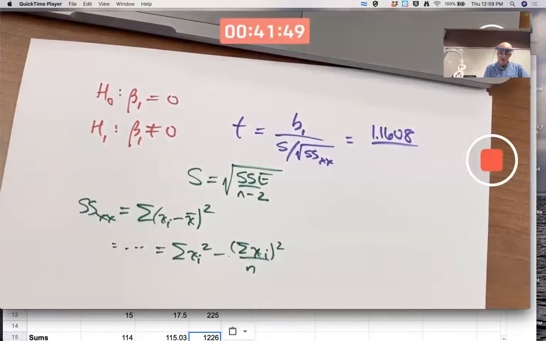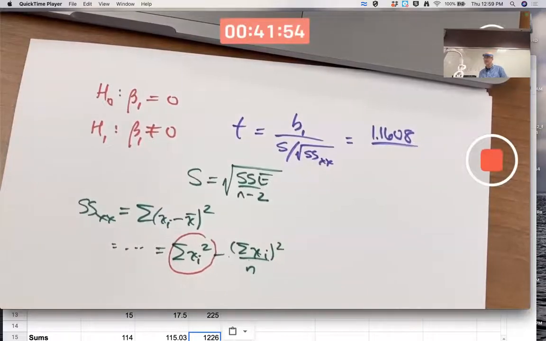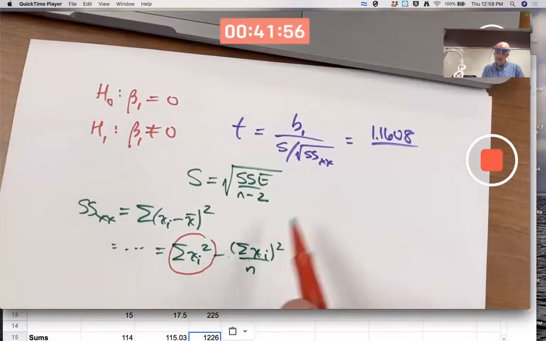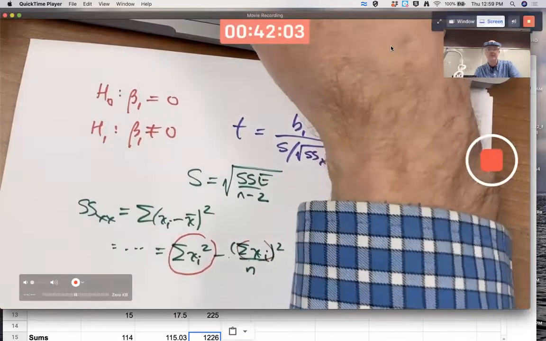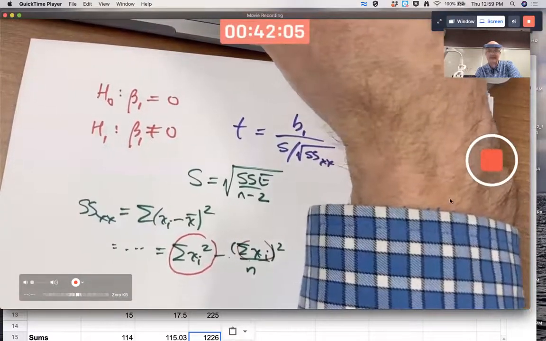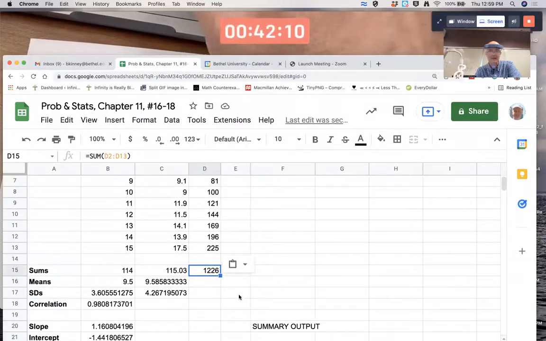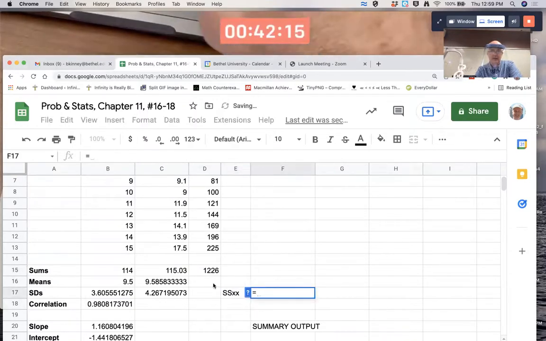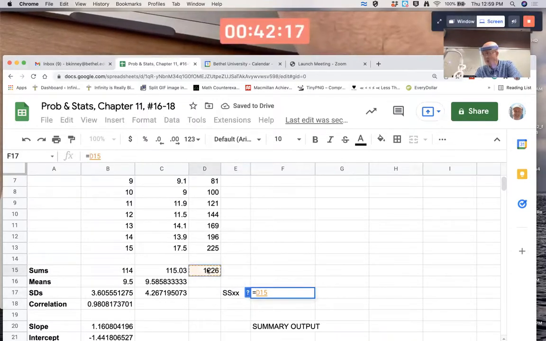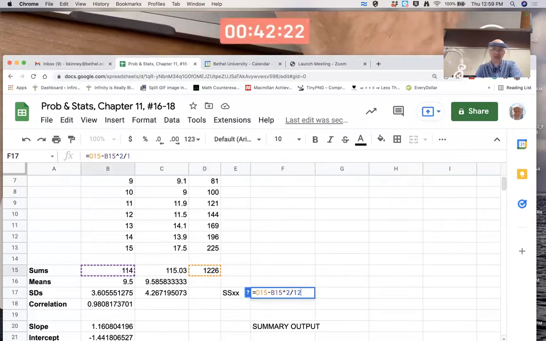So I've just found in the spreadsheet the sum of the squared x values. That was the last column I computed the sum of. And I've already computed the sum of the x's in a previous column. So I have to do this expression now. N is 12. So SSXX is the sum I just computed, the sum of the xi squareds, minus the sum of the x's quantity squared divided by n, which is 12.